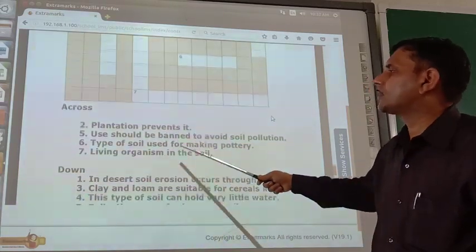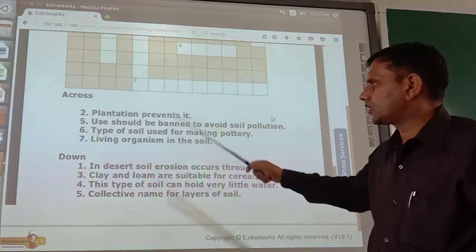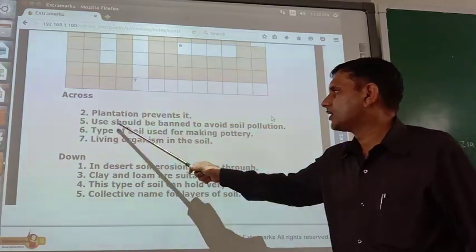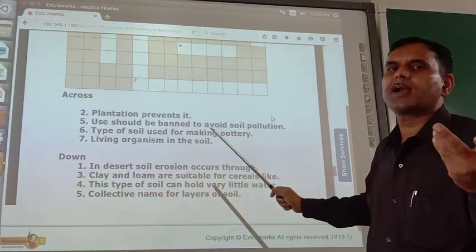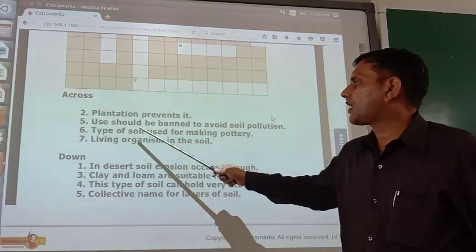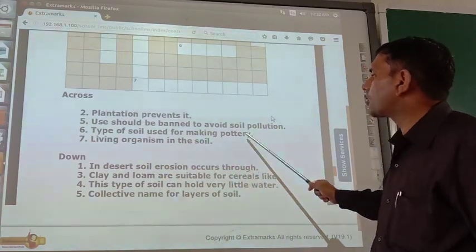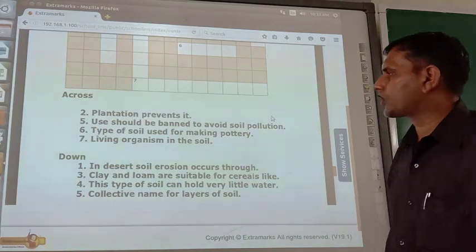Plantation prevents it. What does plantation prevent? Plantation prevents soil erosion. Don't worry, I will fill this one. What should be banned to avoid soil pollution? Polythene. Type of soil used for making pottery. Clay soil is basically used for making pottery.